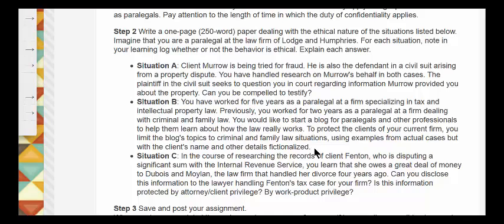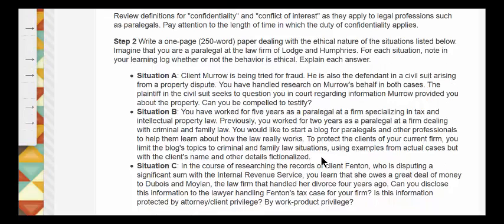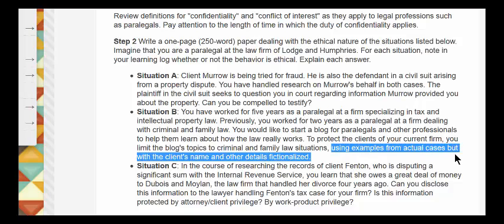What's the question here on situation B? Oh, you want to start a blog? Can you do this? So actually, for situation B, you're explaining, with the duty of confidentiality and conflicts of interest, can you use examples from actual cases, but with the client's name and other details fictionalized?